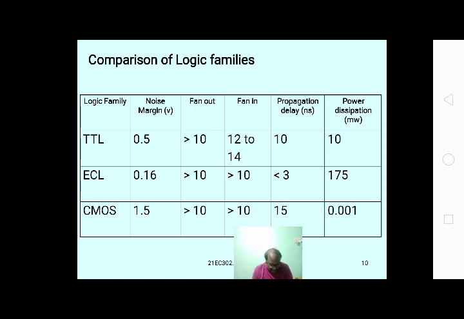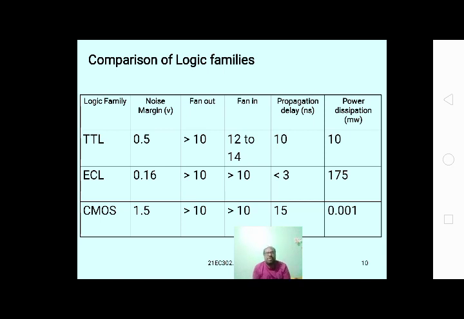Propagation delay is 15 nanoseconds. And power dissipation in milliwatts is 0.001 in static, and at 1 megahertz. That is the comparison of logic families.